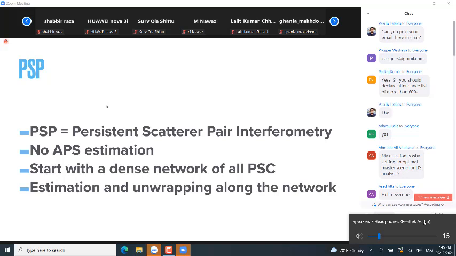Main difference, I would say, is that PSP is the younger method, right? So nowadays you can do that with your computer. You can easily connect millions of points in the network and unwrap and estimate along them.